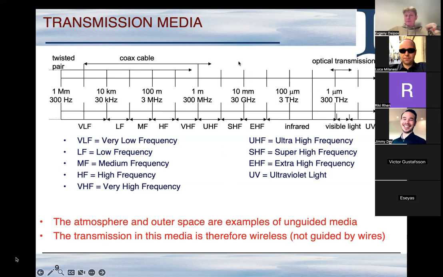And on these frequencies, for example, electromagnetic signals are very sensitive to atmospheric conditions. So rain or a snowfall can substantially worsen the quality of communications.